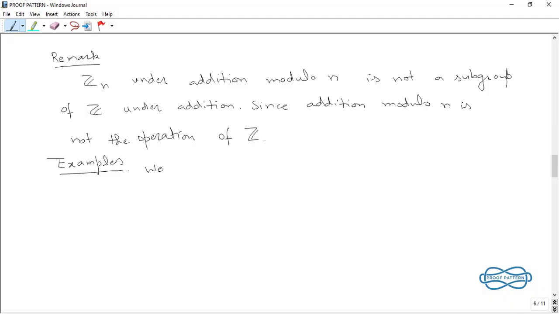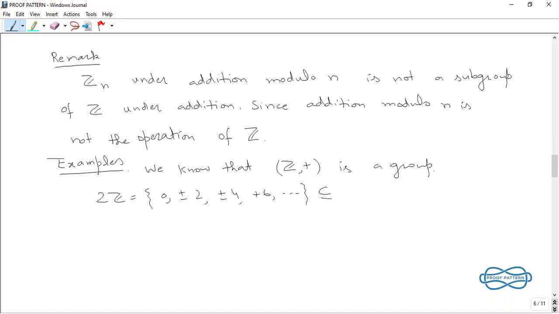We know that the set of integers under addition is a group, and 2Z, which is the set of all even integers, is a subset of Z, and 2Z is a group under addition.